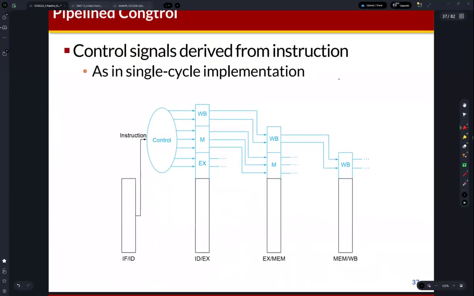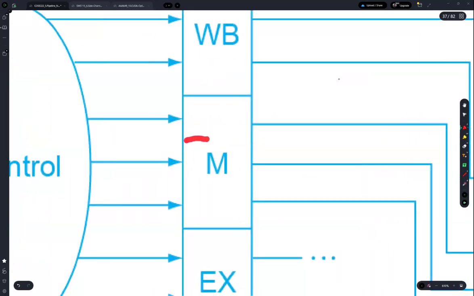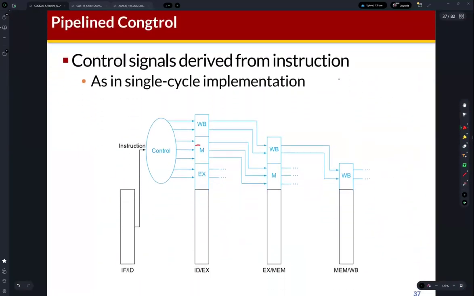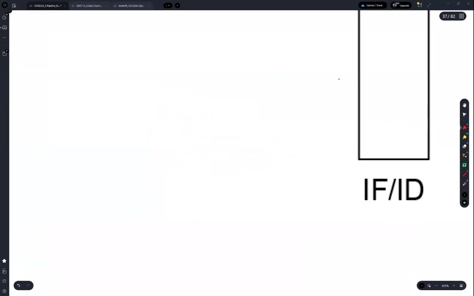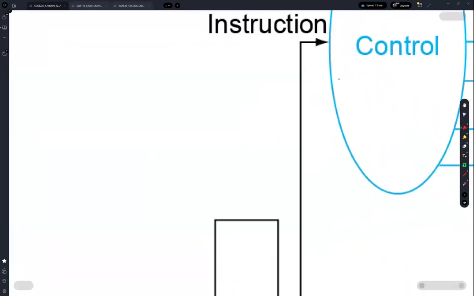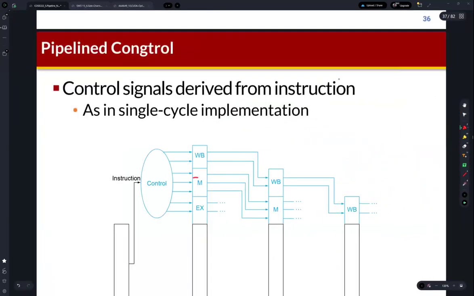In the single cycle processor design, when an instruction is fetched from the instruction memory, this instruction is given to the control unit, right?